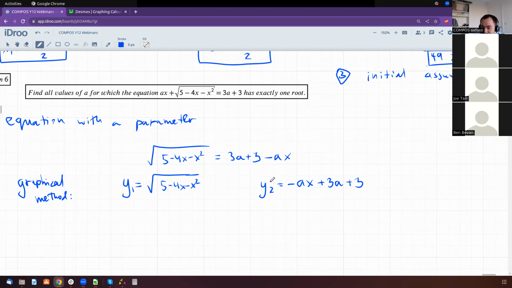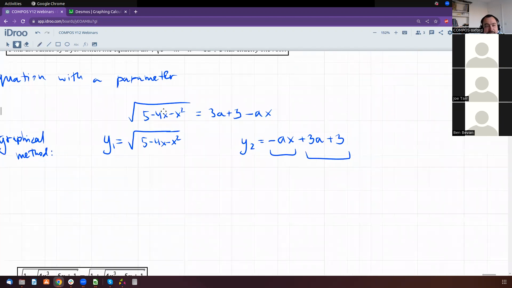And with different a's, it will look different. So let's have a look. A affects two things. A affects the gradient, but it also affects the y-intercept. So this is the gradient, and this is the y-intercept. So A changes both.